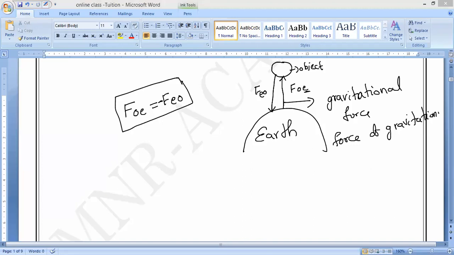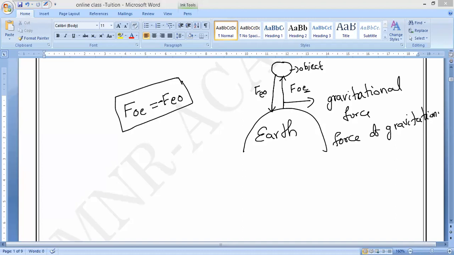Now, for example, suppose a falling object is attracted towards the earth itself. If you throw any stone, any fruit, any object, again it will be attracted towards the earth. For example, a stone is dropped from a certain height.